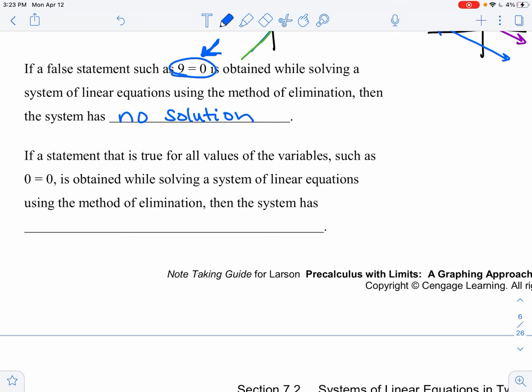If we get a statement that is true for all variables, like 0 equals 0, which is true, or 9 equals 9, or some version of that, we say the system has infinitely many solutions.